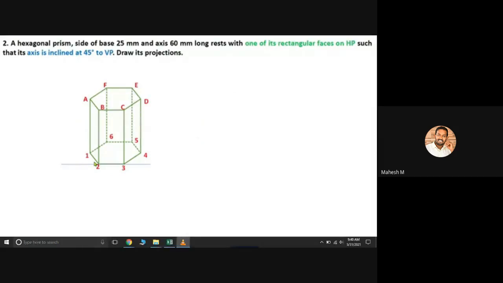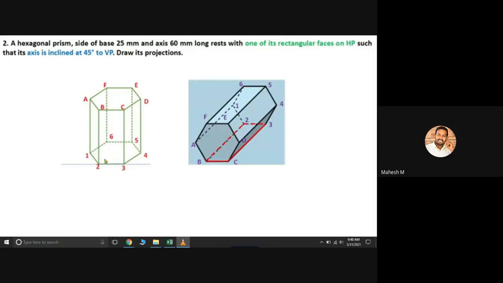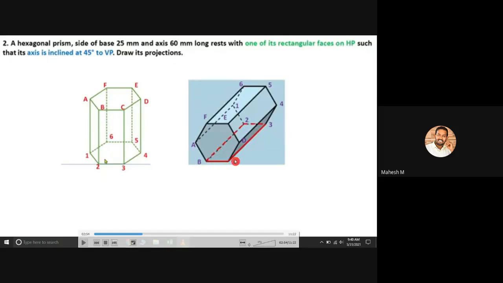That means you have to create a hexagonal shape on the front view position. Okay. So this is our position. Here BC32 is highlighted with a red color line.